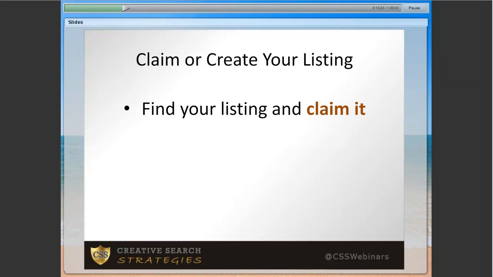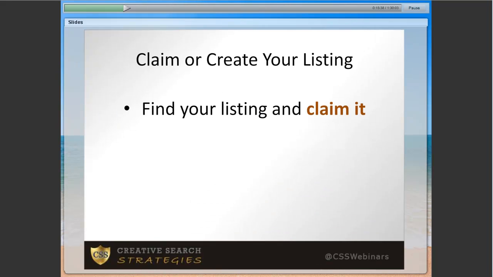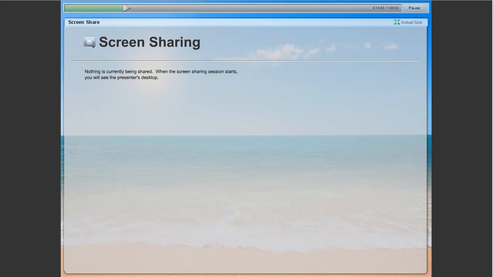What you then do is, once you've found your actual business listing, you can claim it. I might actually show, let's just have a look, I'm just going to start screen sharing.